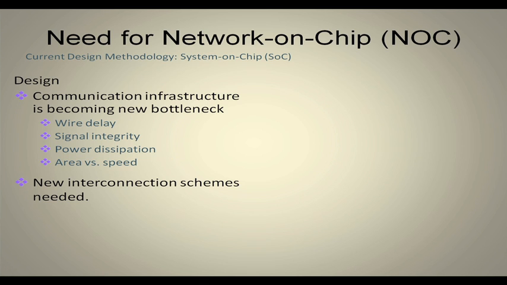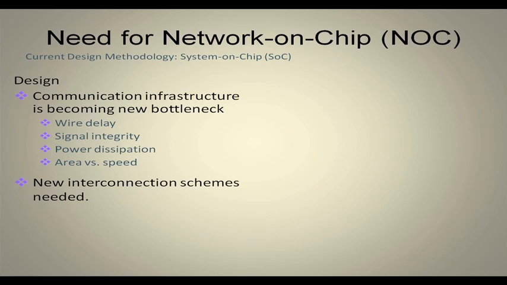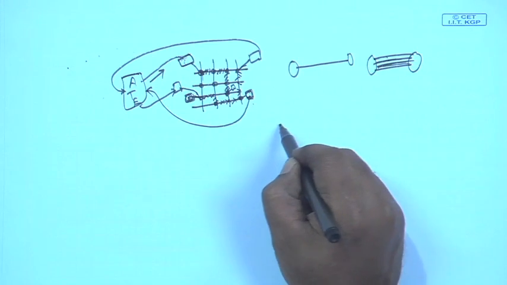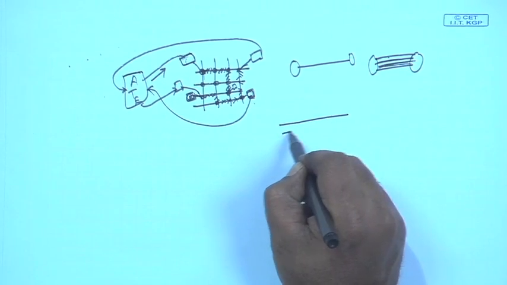Wire delay is one issue, that is the delay from source to destination. Serial communication is out of question. If we have point to point parallel connection, then establishing connection between all the cores takes a lot of wire delays. Then signal integrity. Signal integrity means that, as I was telling, due to transition in one line, the value in some other line may be changed.